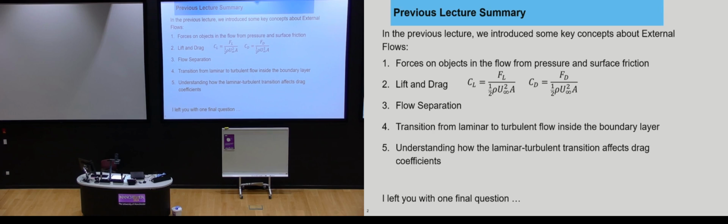We then looked very quickly at the transition from laminar to turbulent flow inside the boundary layer, so not outside the boundary layer, but inside it. And we started to look at how that transition affects the actual drag that's experienced on objects.